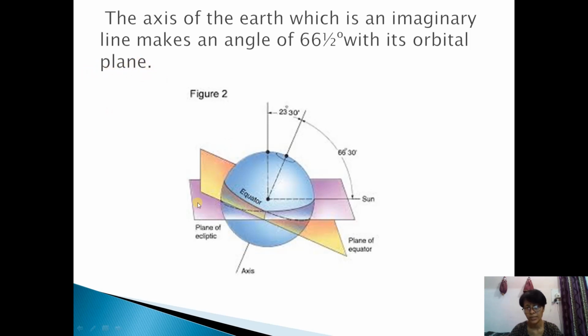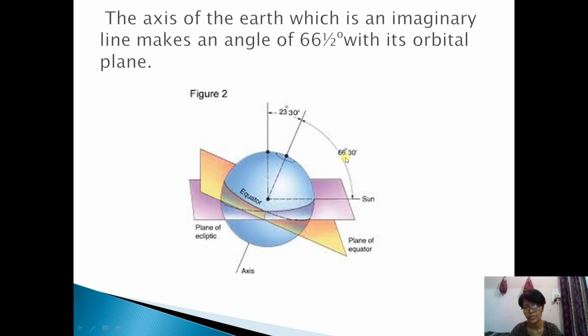That plane is imaginary, and I am showing you some pictures here. This is just like a flat disc, but there is no such thing actually there; we have to imagine the surface like that. Wherever the orbit is, you have to imagine that surface, and the axis makes an angle of 66.5 degrees with it.